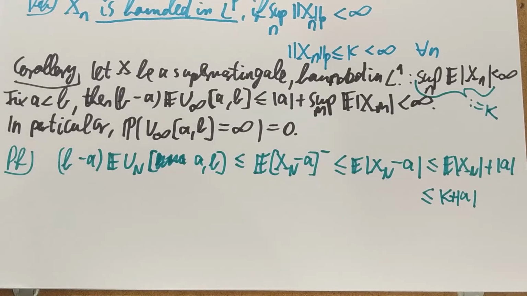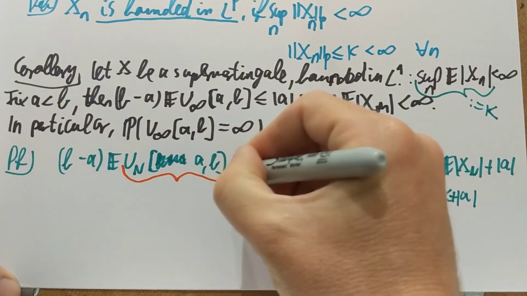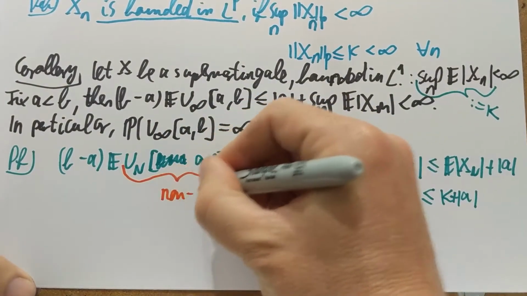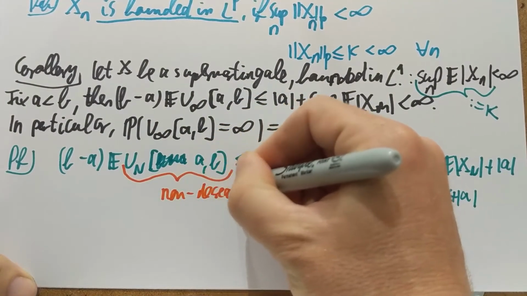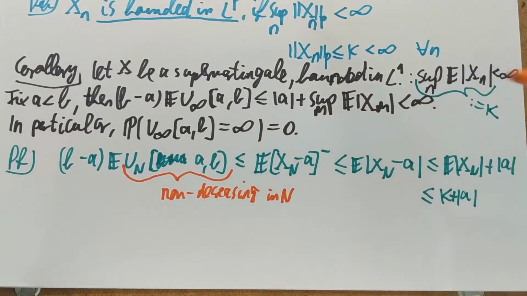Okay, that's one observation. Here is another crucial observation, and that's the fact that this thing is non-decreasing in n, as a variable of n. It's a sequence of random variables indexed by n, but it counts the number of upcrossings, right?